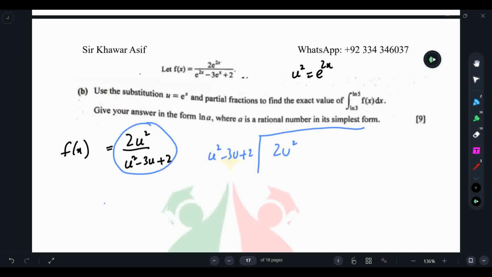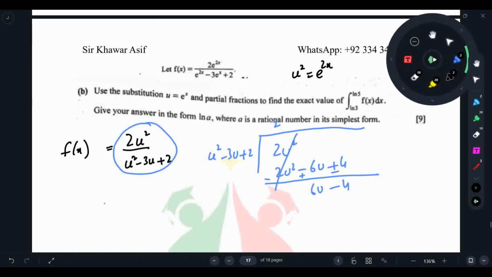If you multiply the denominator with 2, we will get 2u square divided by 2u square minus 6u plus 4. Now if we change the signs, we will get 6u minus 4.